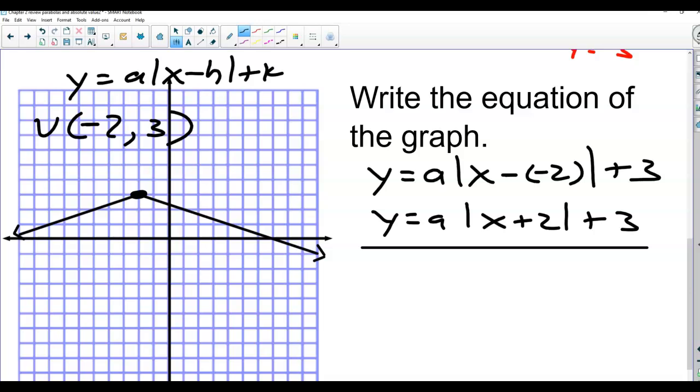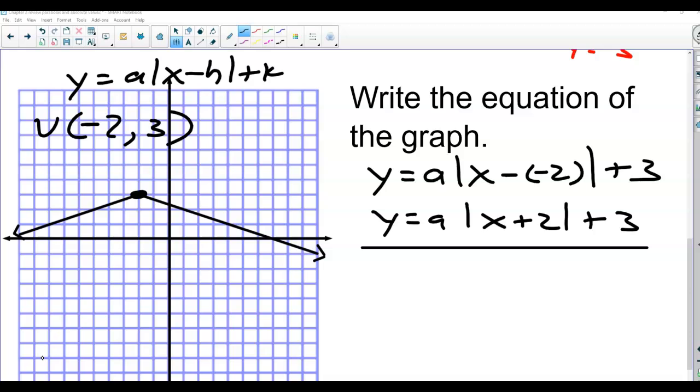Now, you can do this one of two ways. All right? The slope of these lines is 1/3. That's your A. I don't love it because these lines that form the V have different slopes. One is 1/3 and one is negative 1/3. Since both these lines have to have the same number slope, the sign will be different.